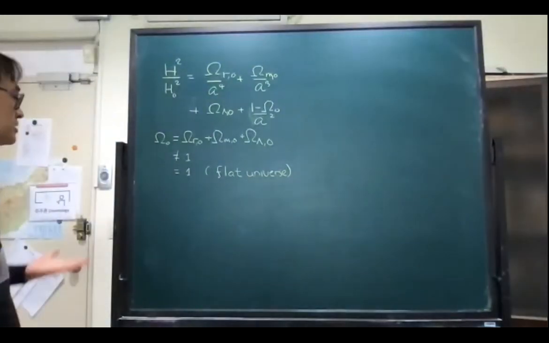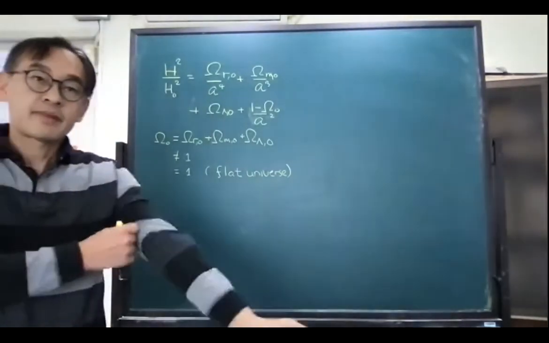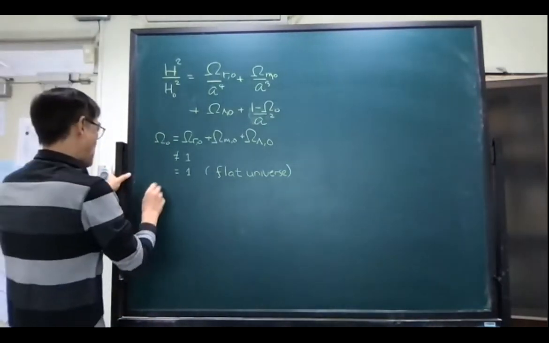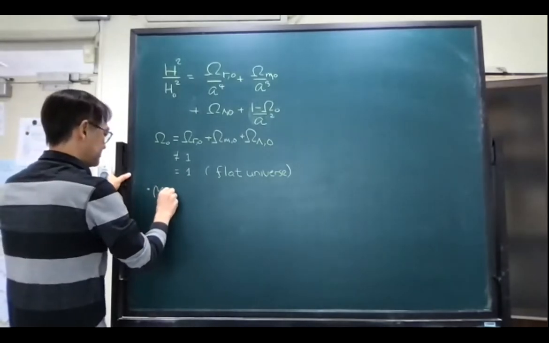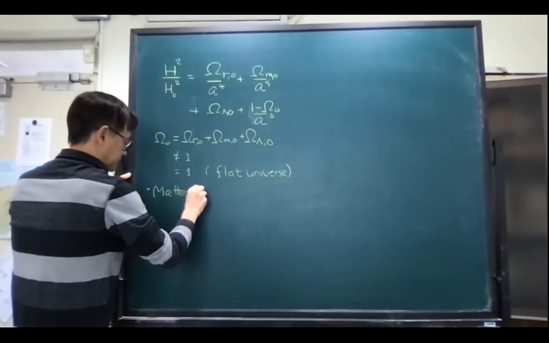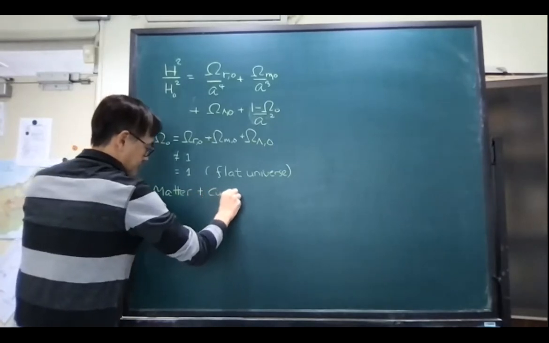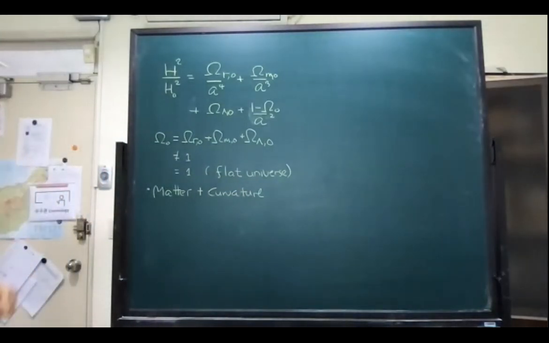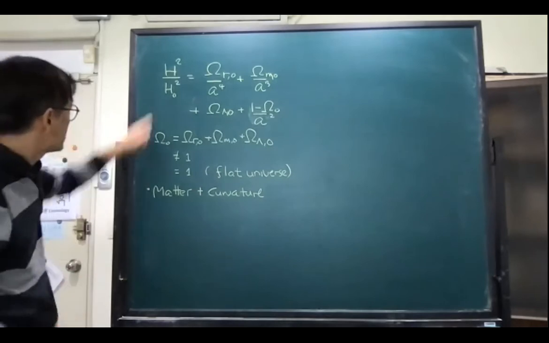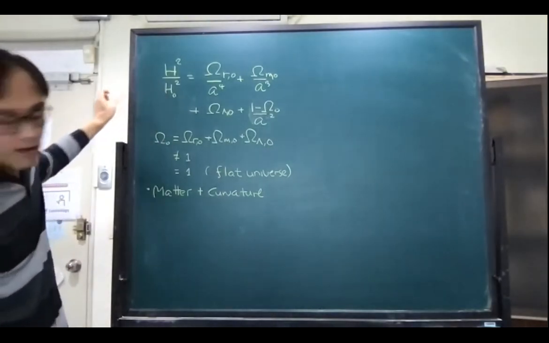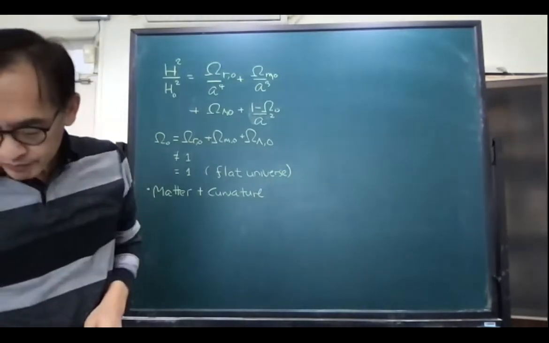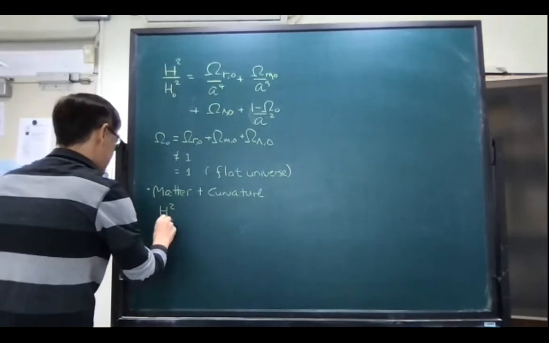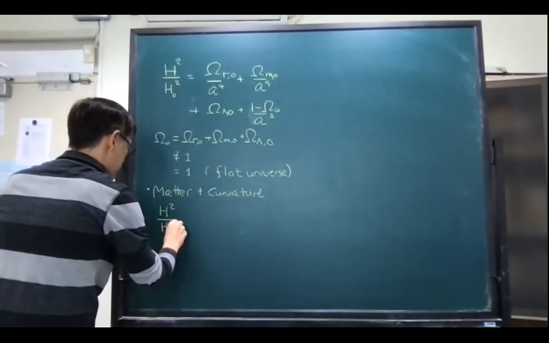Okay, so today we start with the multi-component universe. Number one is matter plus curvature. So if I rewrite this, H squared divided by H0 squared.